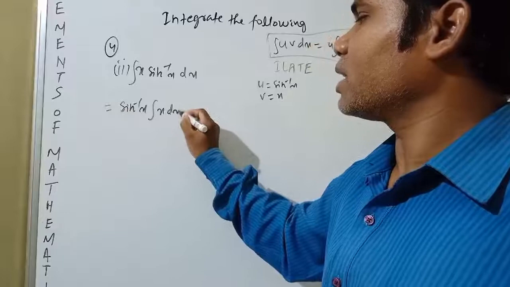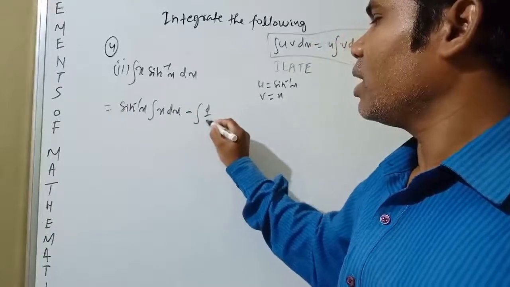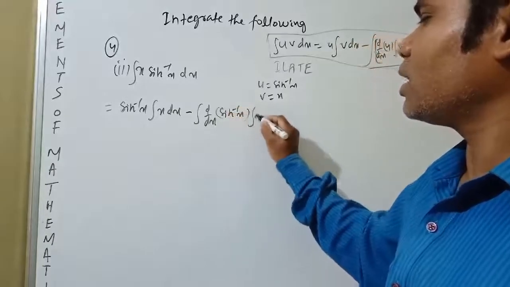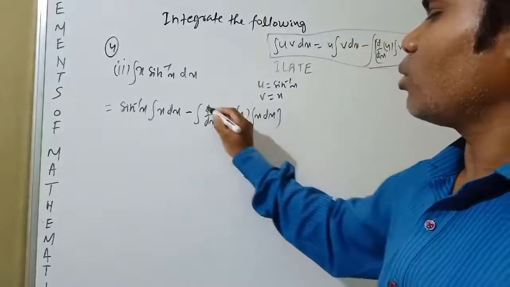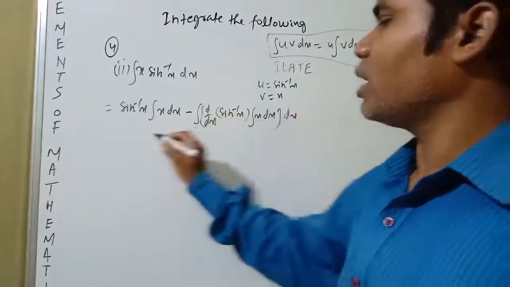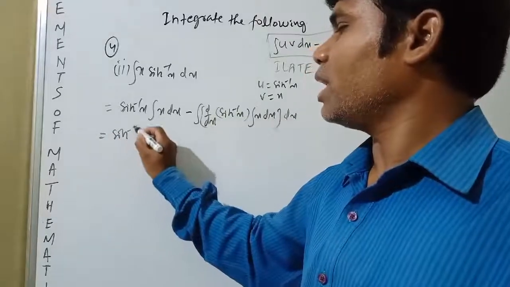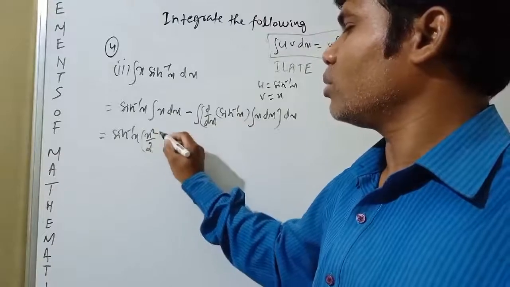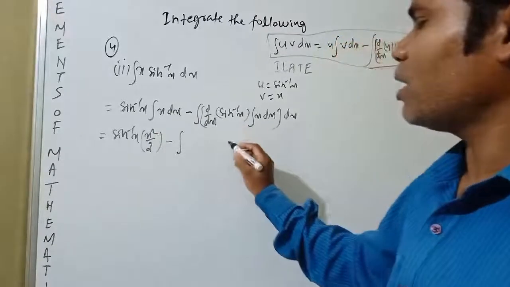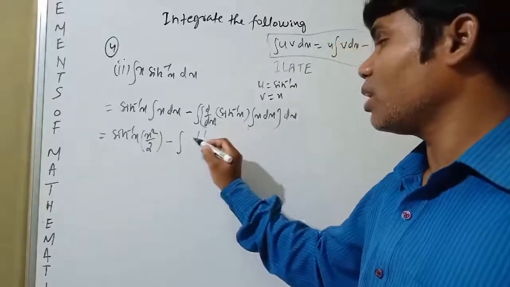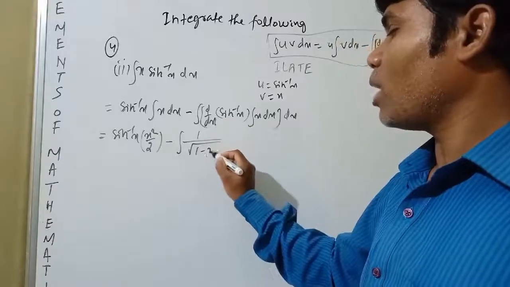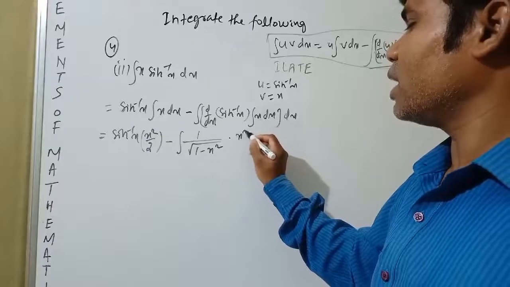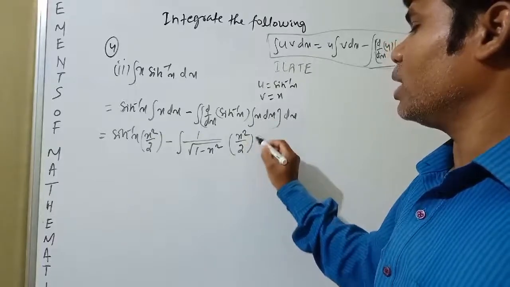So it is sin inverse x integration of x dx minus integration of derivative of sin inverse x into integration of x dx, total integration dx. That is sin inverse x into integration of x dx, that is x square by 2, minus integration of derivative of sin inverse x, that is 1 by root over 1 minus x square, into x square by 2 dx.